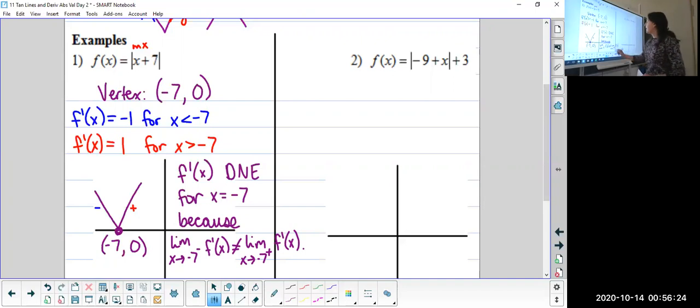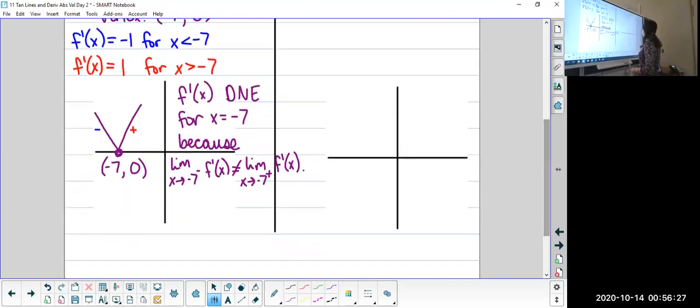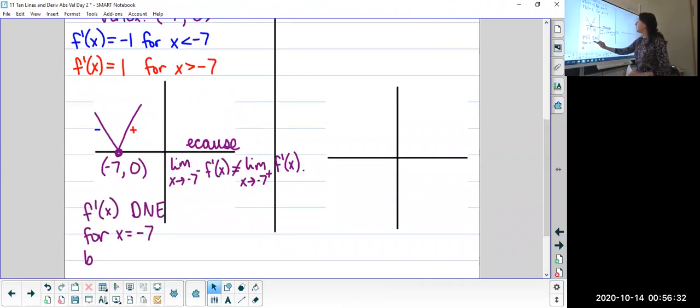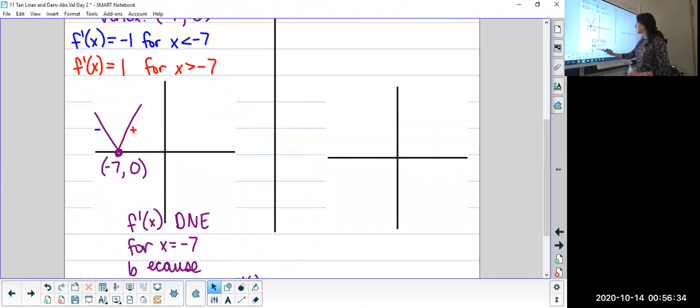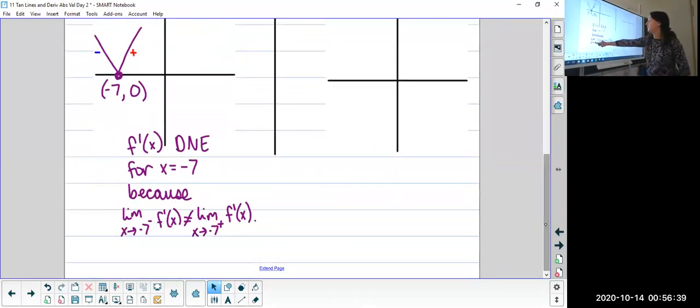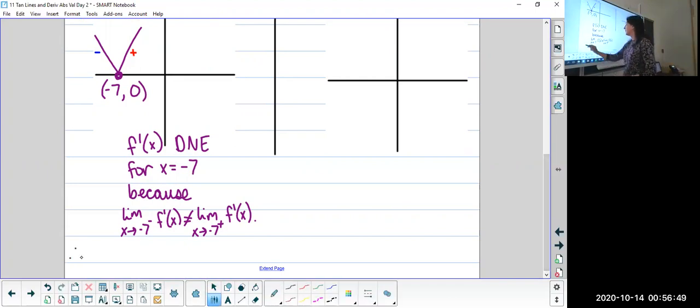So whenever we have the situation where the left side slope does not match the right side slope, there is a point of non-differentiability at x equals -7.